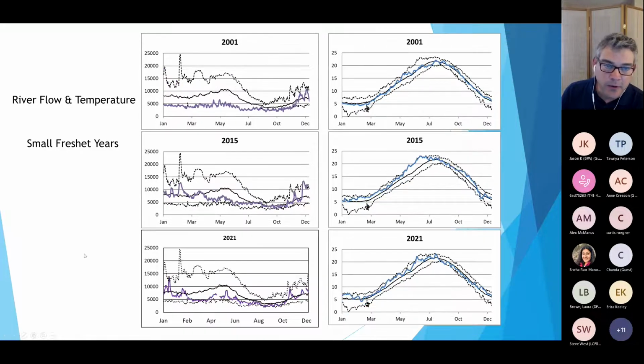And then in our low flow years, 2001, 2015, and 2021, last year, we see typically much more warmer conditions in the spring, and 2015 being the year that stands out as the warmest of the data set.